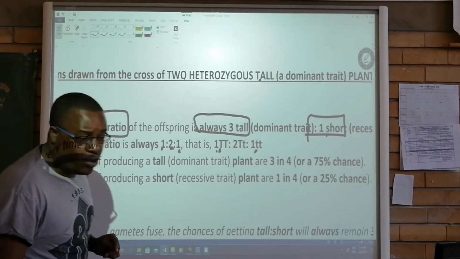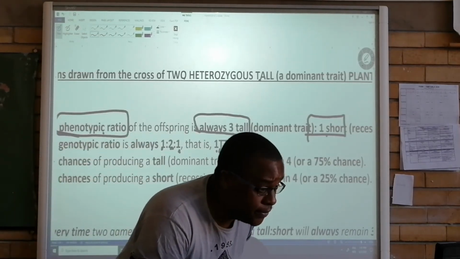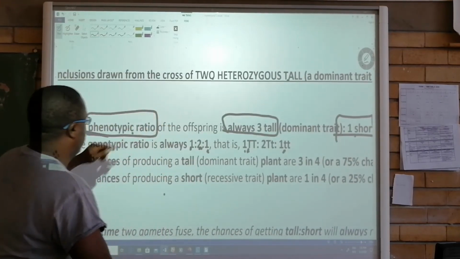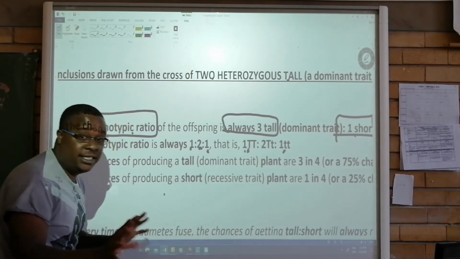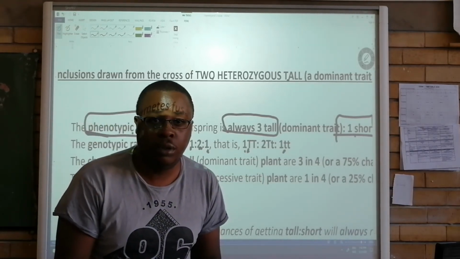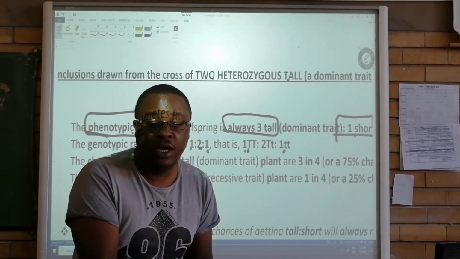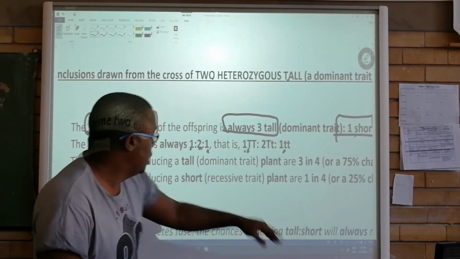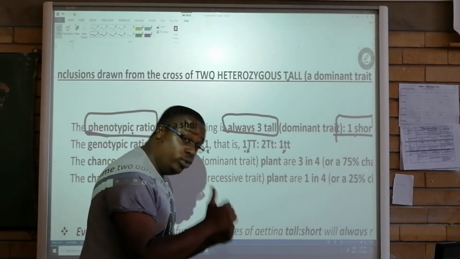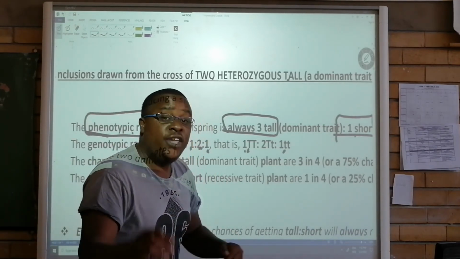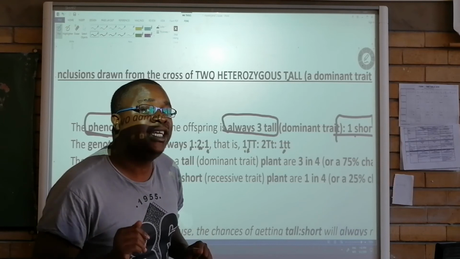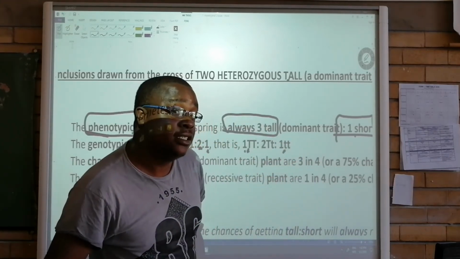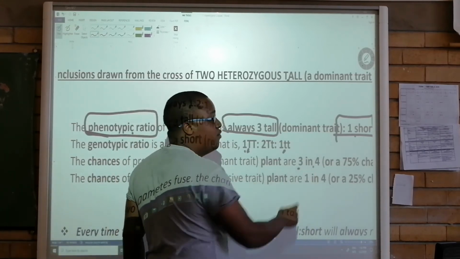And then another conclusion that he came up with was the chances, therefore, of producing a tall plant are 3 in 4. Remember when we were doing the crosses, we got the phenotypic ratio as 3 tall to 1 short. So if you cross two heterozygous tall pea plants, the chance of producing the dominant characteristic is 3 in 4.